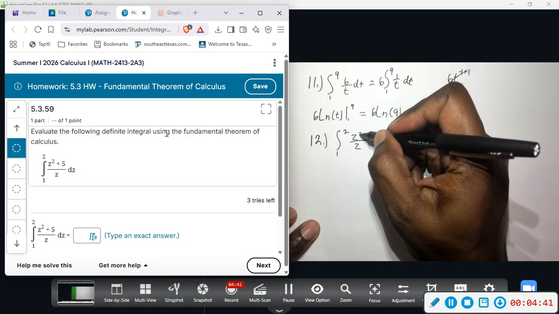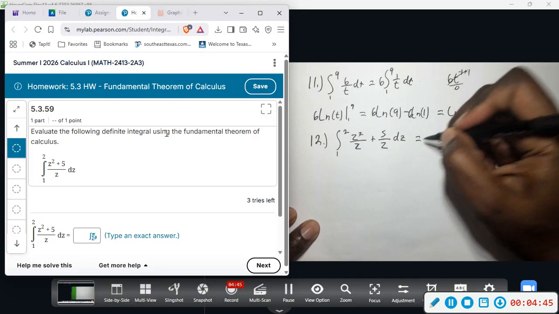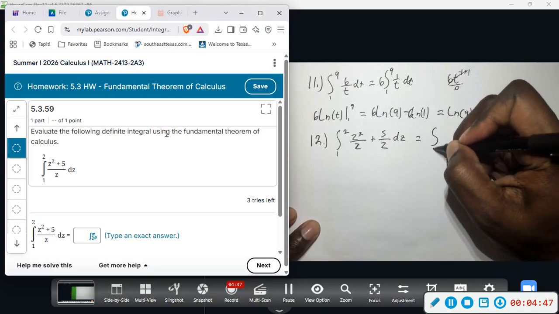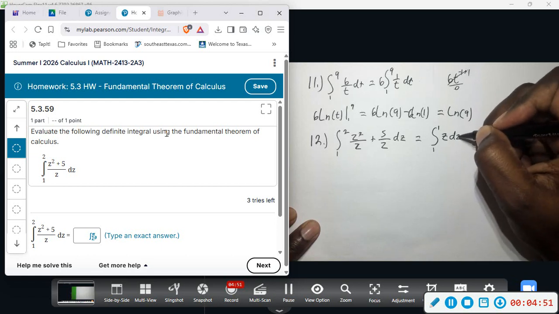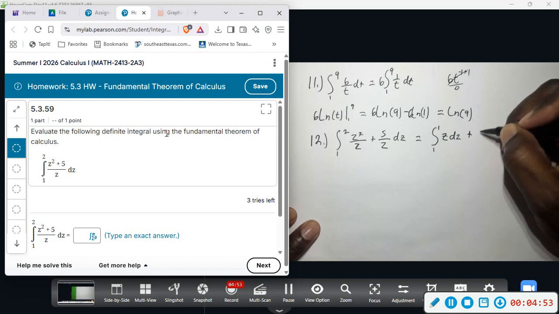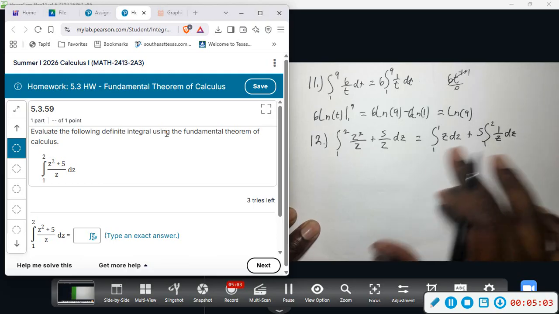So 1 z will cancel, leaving me with the integral of z, and then we'll have z over 5. So I'm going to write this as 2 separate integrals. Integrals from 1 to 2 of z dz plus, we're going to say 5 times the integral from 1 to 2 of 1 over z dz.